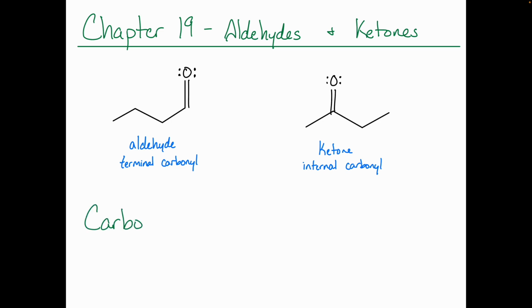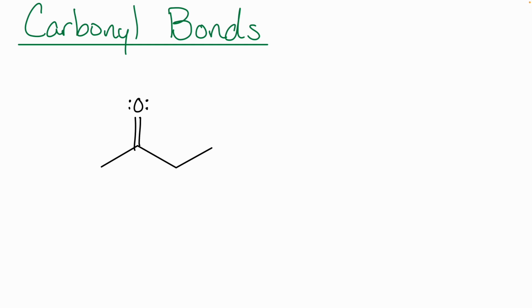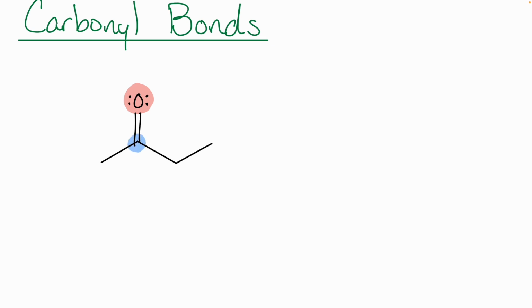Let's look at these carbonyl bonds more closely. We have this polar bond here, where our oxygen atom is pulling all that electron density away from that carbon atom.